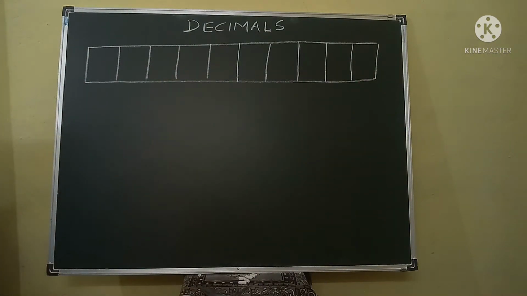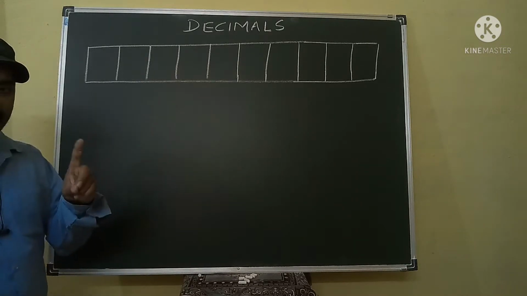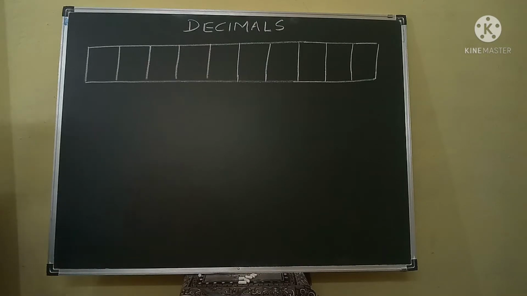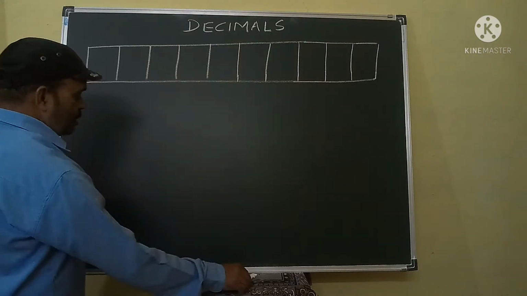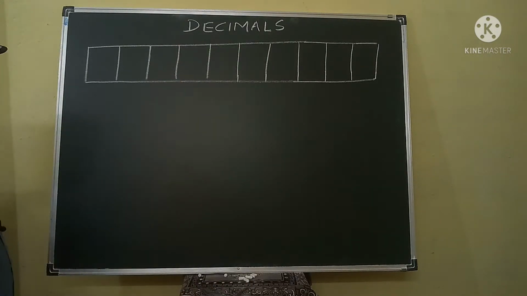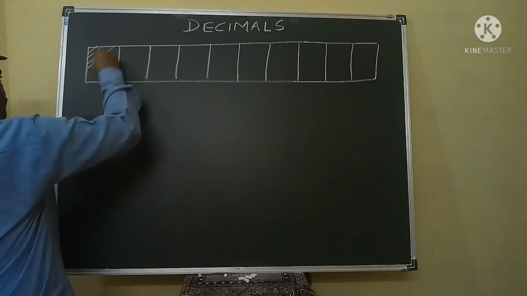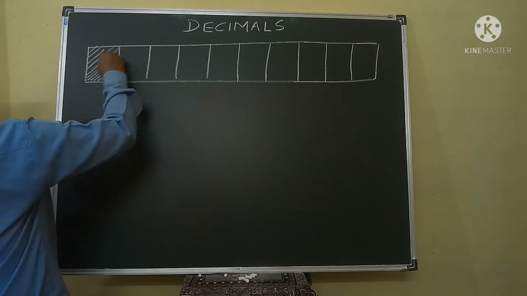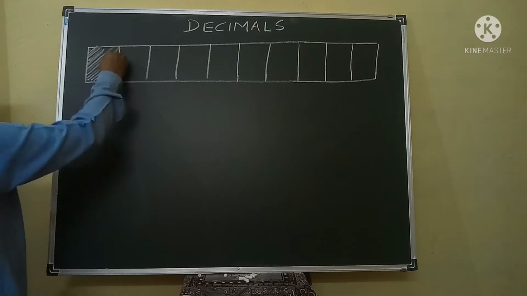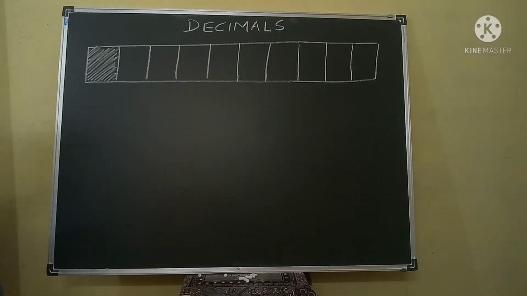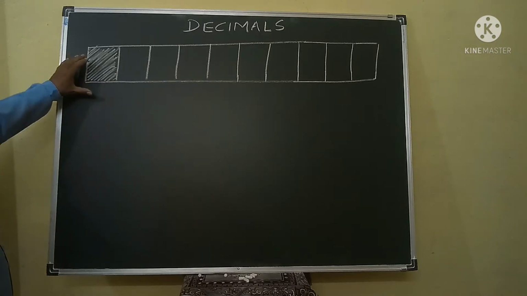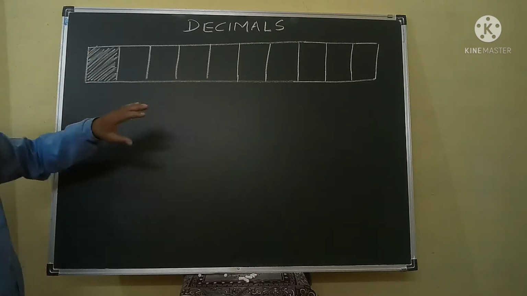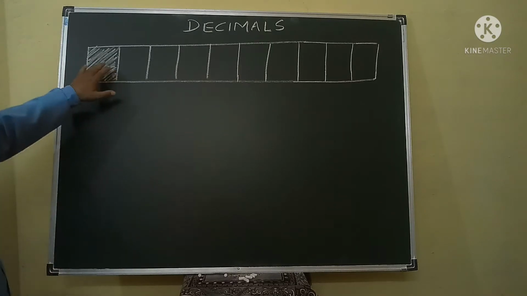Out of these 10 equal parts, I will take only one block. That means only one block is shaded. What is the value of this shaded block?